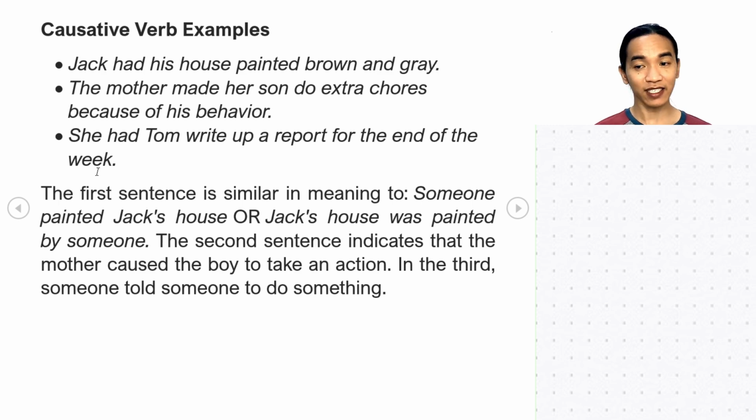The second sentence indicates that the mother caused the boy to do an action. In the third one, someone told someone to do something. Okay, so these are just examples of your causative sentences, and how they are explained based on the kind of causative verbs they have.